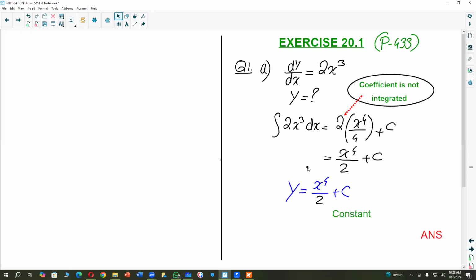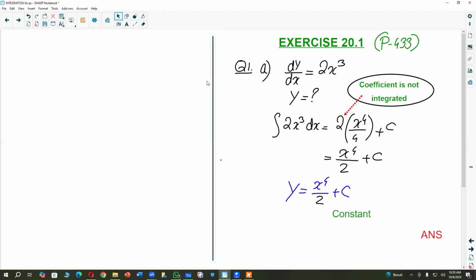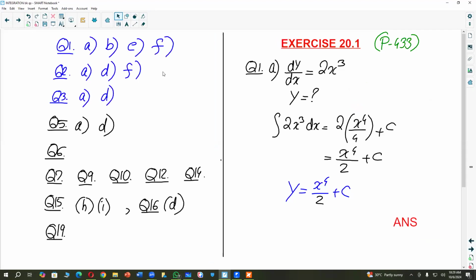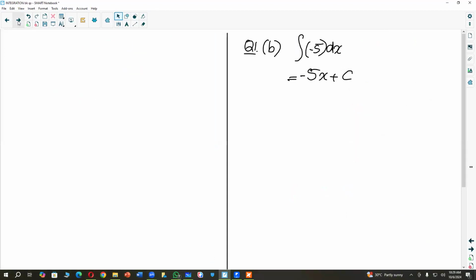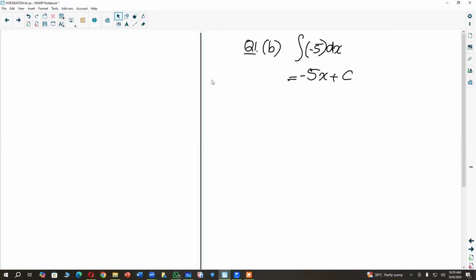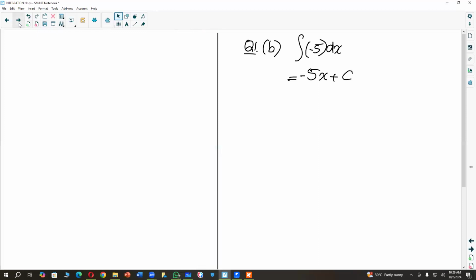When we integrate 2x cube, look at the working. Now, when it is only -5, it will turn into -5x plus c.